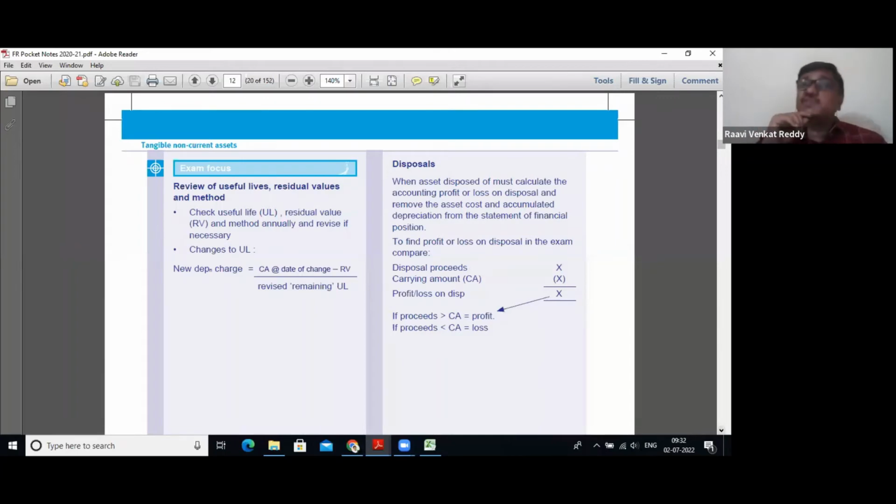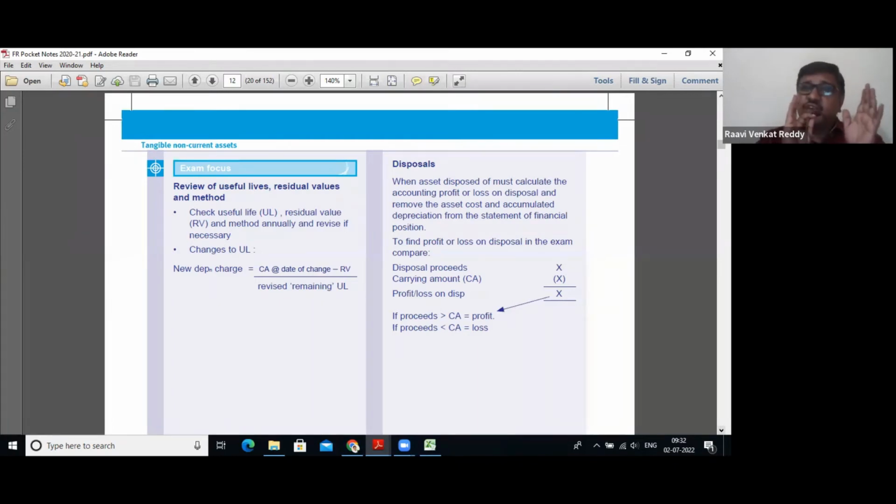Disposals means if a company disposes of an asset, if they sell an asset. As per the conceptual framework, if an entity disposes of an asset, the proceeds of the disposal should be compared with the carrying value of the asset. Participants, you need to remember this: in ACCA, we won't use the term written down value.